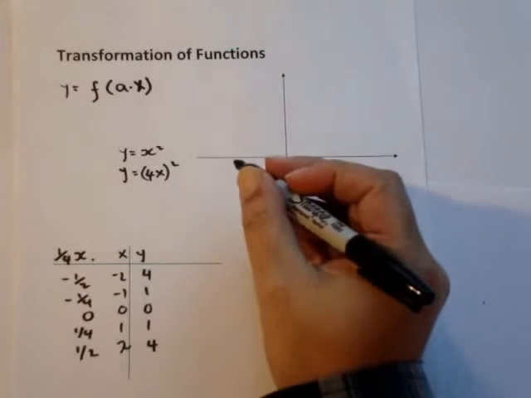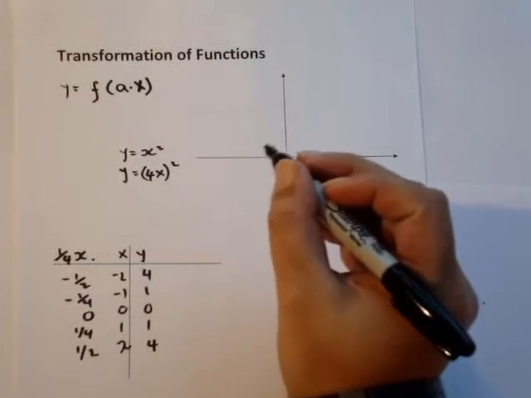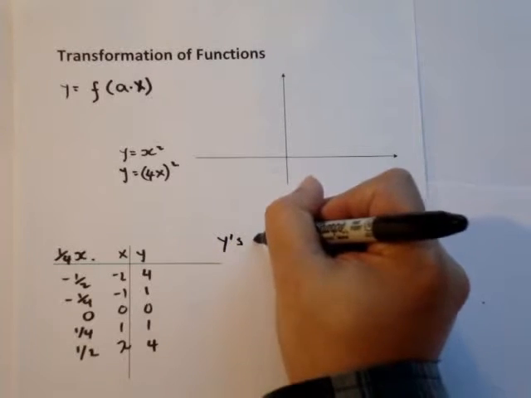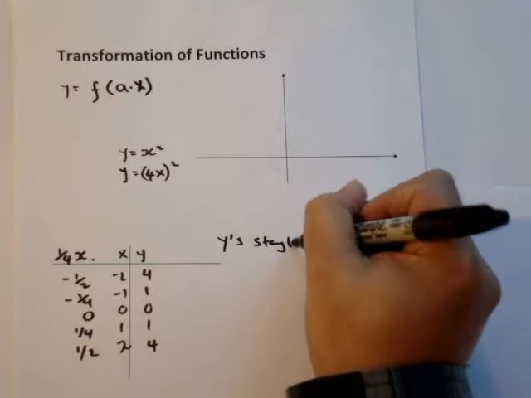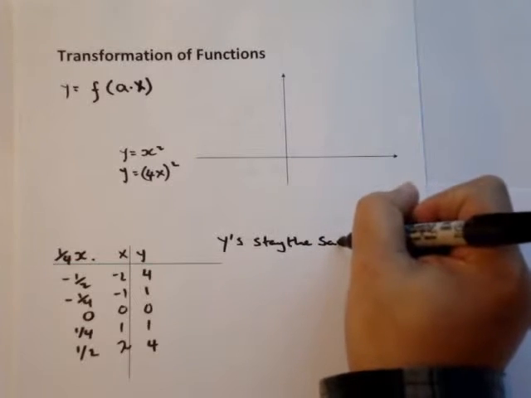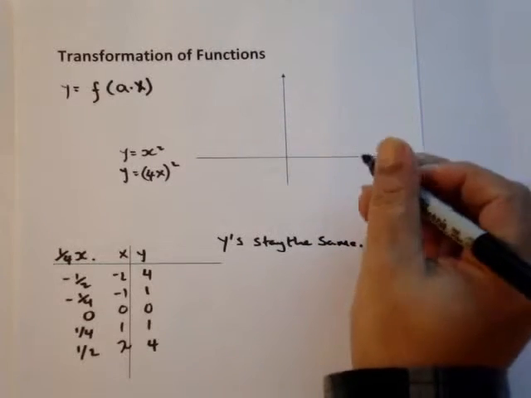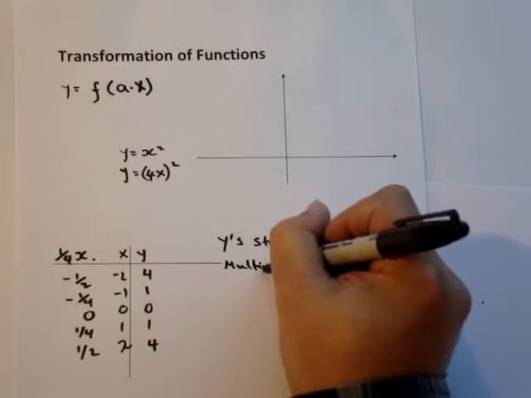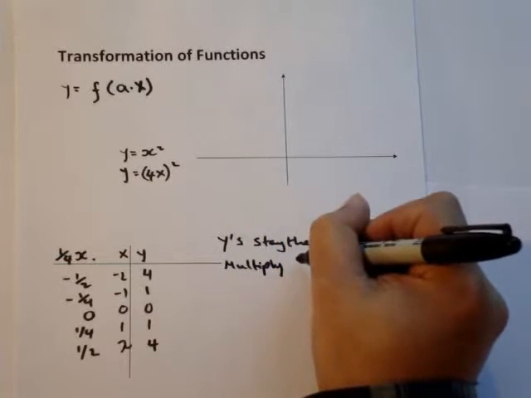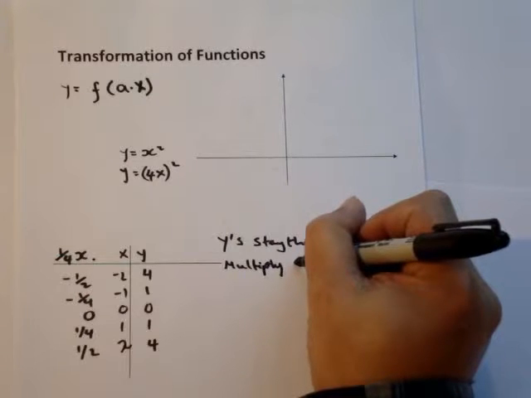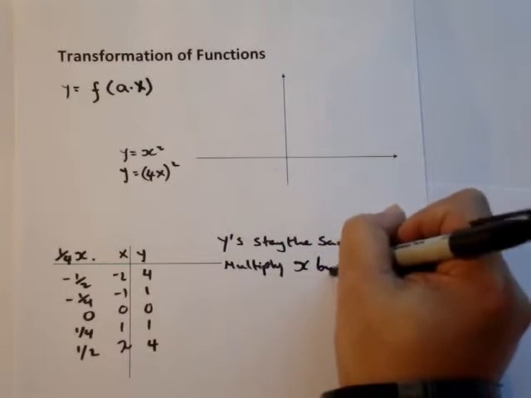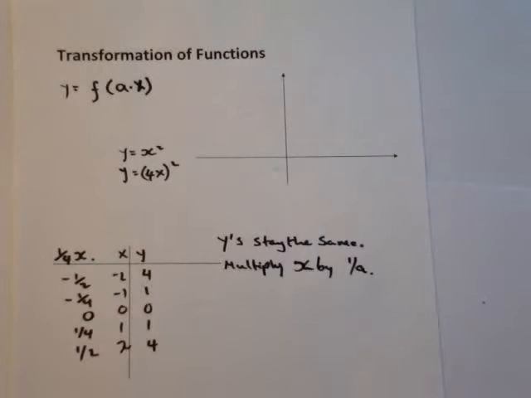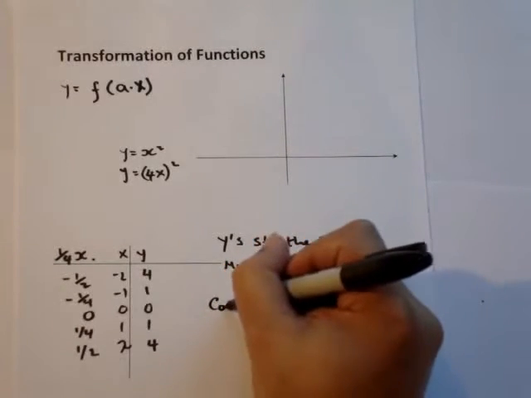So our x's are affected, the y's stay the same, and we multiply x by 1/a, and this is a compression.